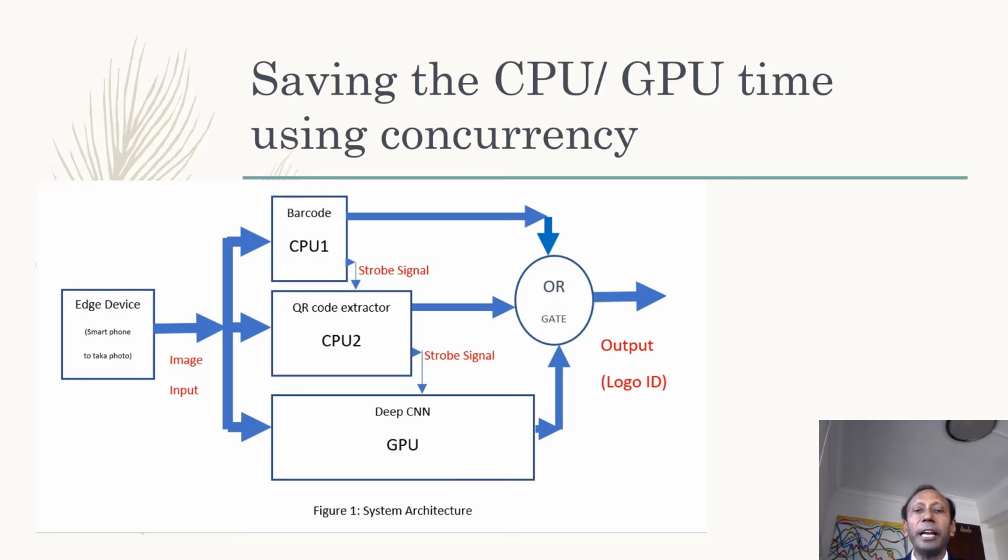If we have 3 different programs, in this case I use a signal called a strobe signal to shut down the processors once CPU 1 completes its task, or if CPU 1 fails, then the shutdown using the strobe signal will take place when the QR code application on CPU 2 is complete. If CPU 1 and CPU 2 cannot do the job, then the GPU deep CNN will run to its completion, taking the longest period.